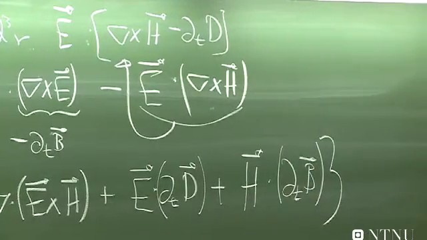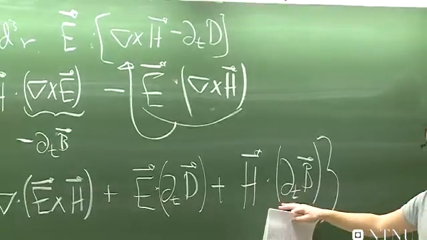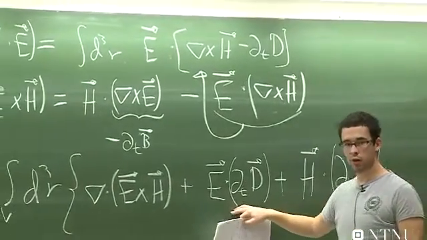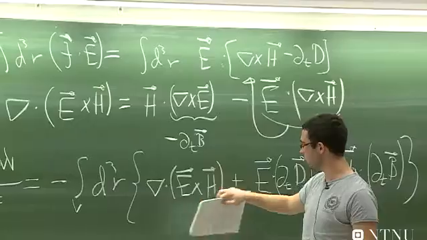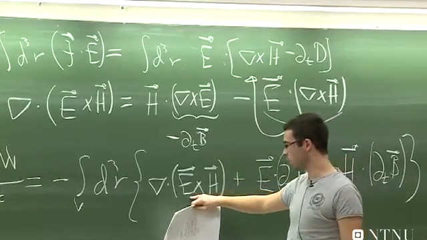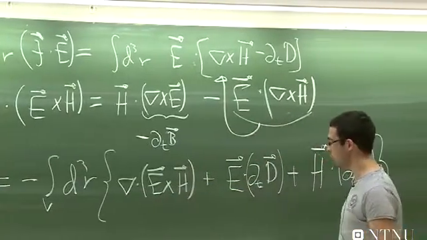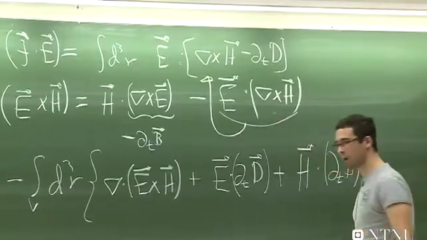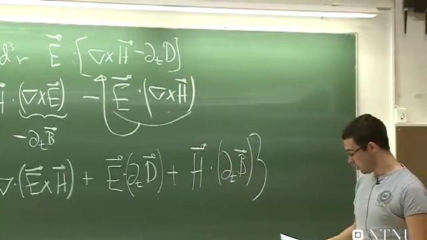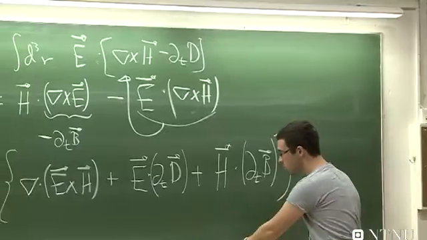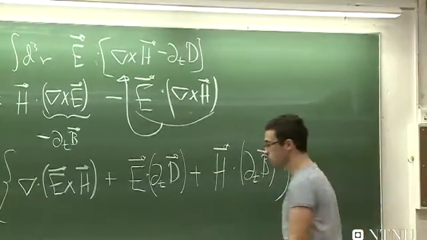All right, so when the dust settles, we see that there is some sort of magnetic field term, some sort of electric field term, and there is the divergence of a vector field here. And now we're going to have a look at each of these, and we'll start off with this one.